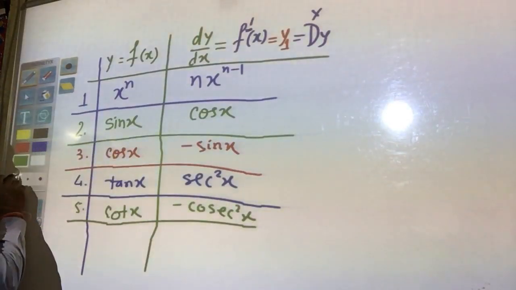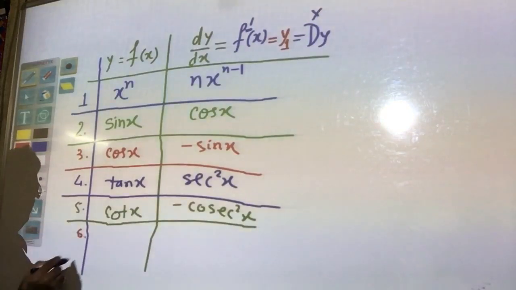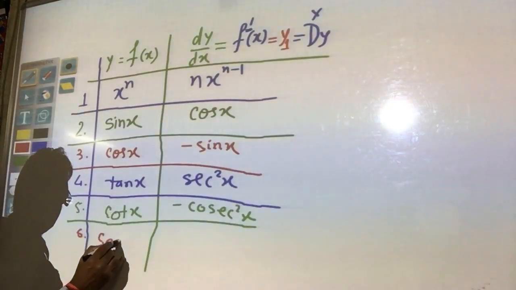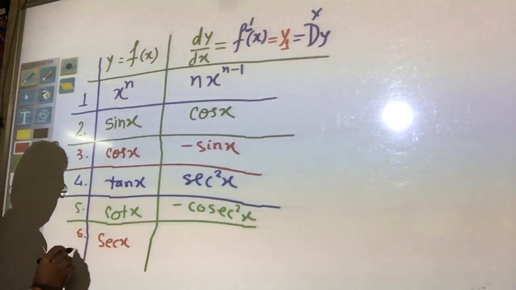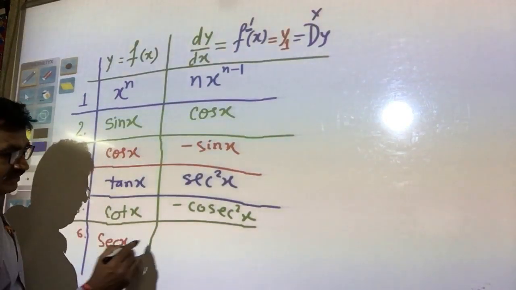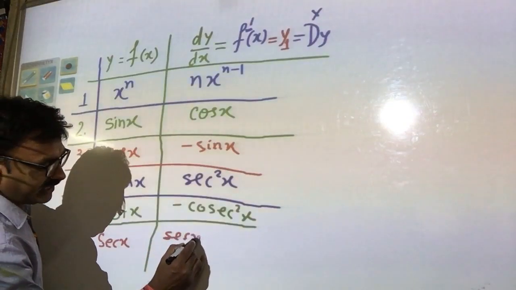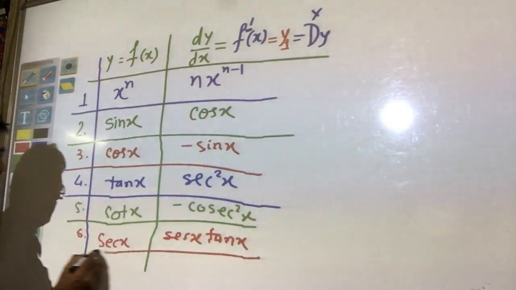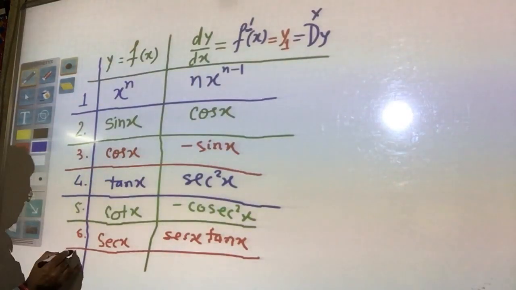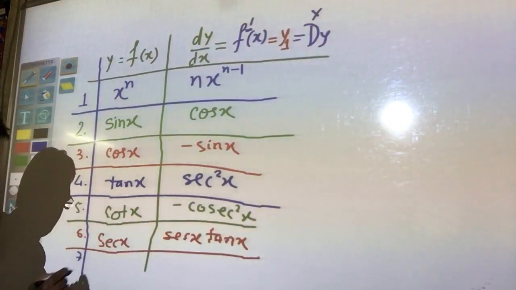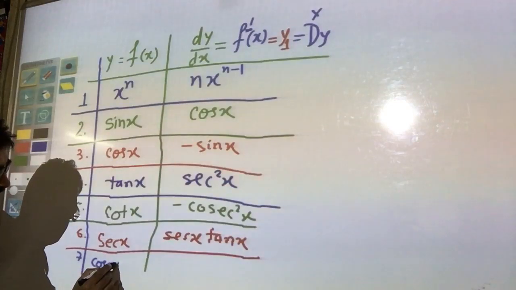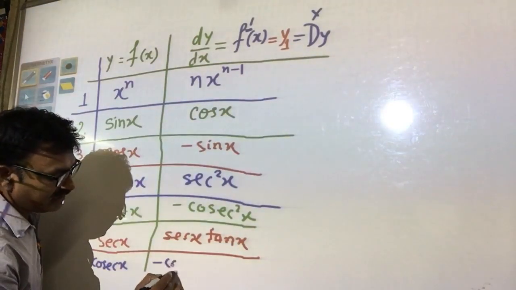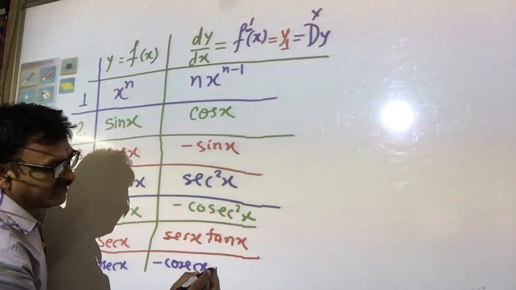And the differentiation of sec x is sec x tan x. And the last one, the differentiation of cosec x is minus cosec x cot x.